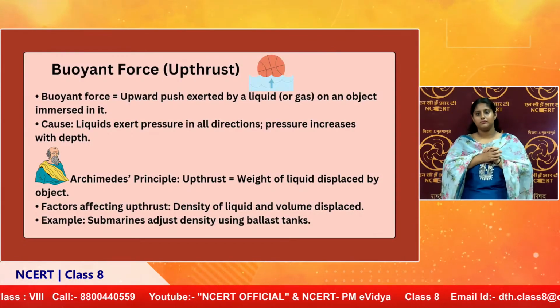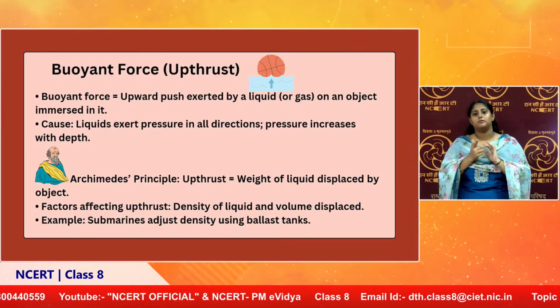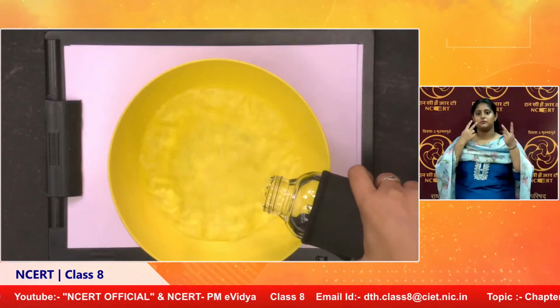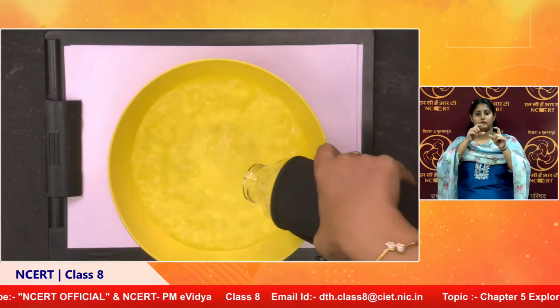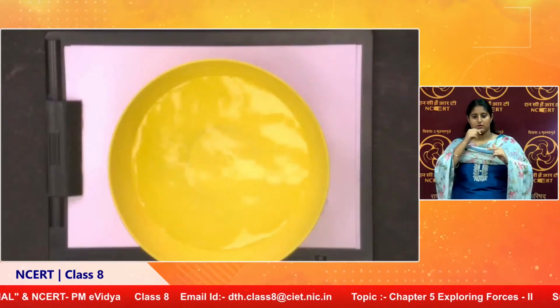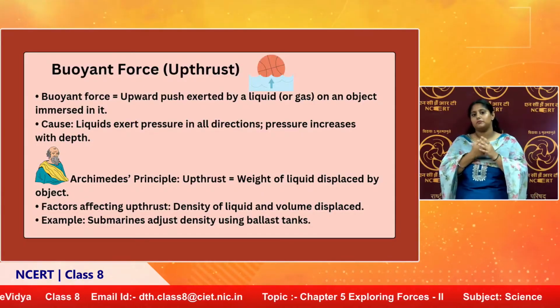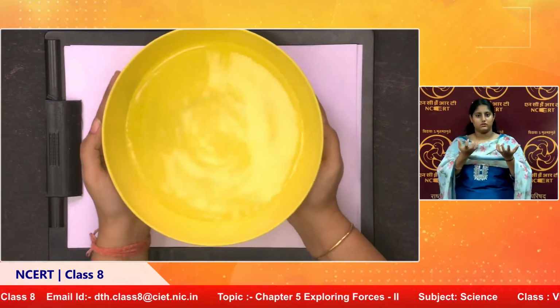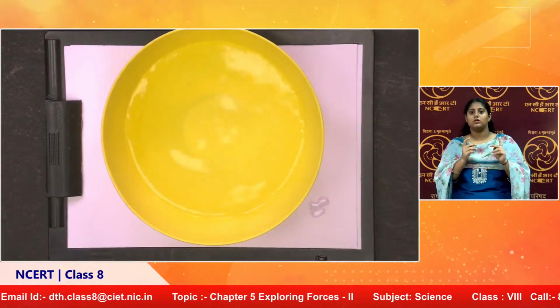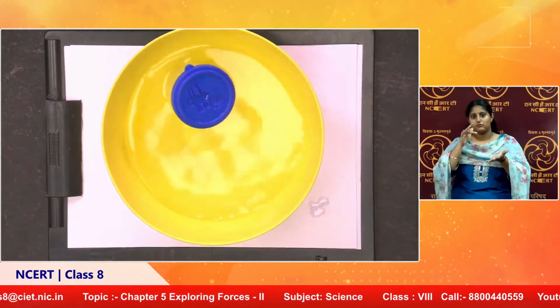So first we'll see what exactly buoyant force is. Let's have a look at the definition. The definition says that it is the upward push exerted by a liquid or a gas, so generally we talk of fluids, on an object immersed in it. Say this is an object and I place it in the water.